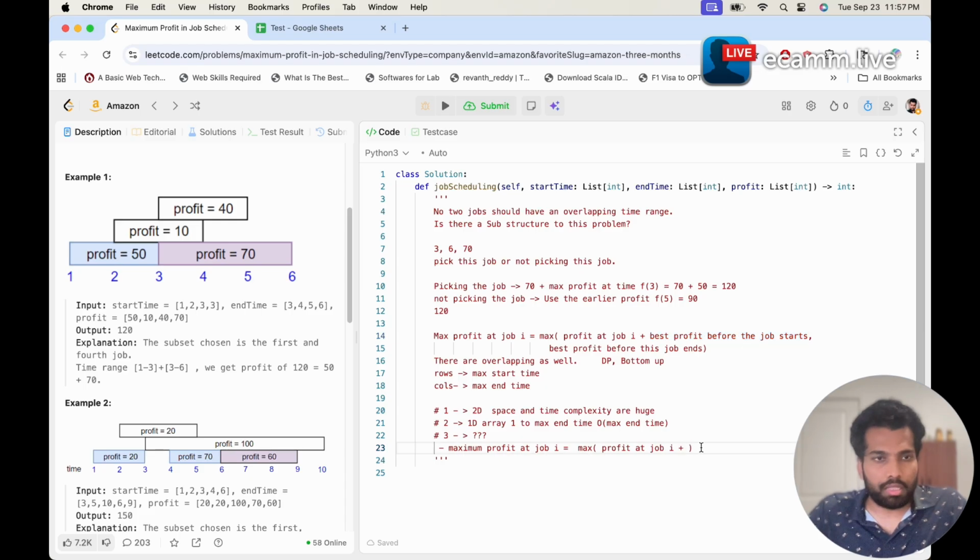So what we are asking is, first of all, what is the job that is ending before the start time, and what is the profit at that point?